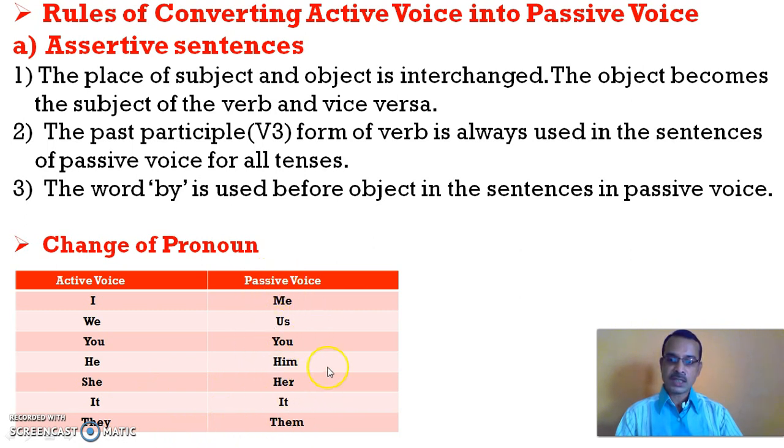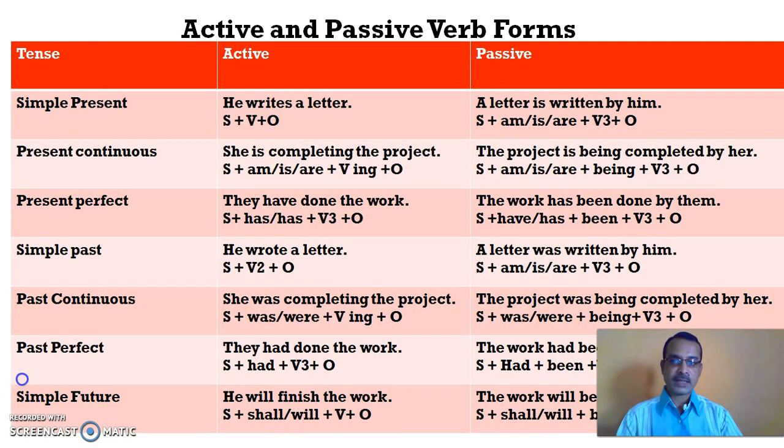This change is important. So we have to remember, we have to understand these rules, and these are the changes regarding the pronoun, so that we can easily convert an active sentence into a passive one.